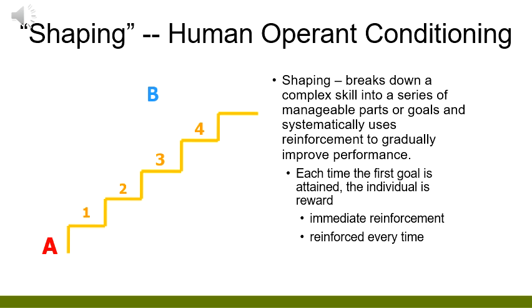And after every goal is reached, the individual is rewarded. And that's positive reinforcement is reinforced every time. That's called human operant conditioning. Every time you get subsequently better, you're rewarded, and positive reinforcement helps you achieve the next step.